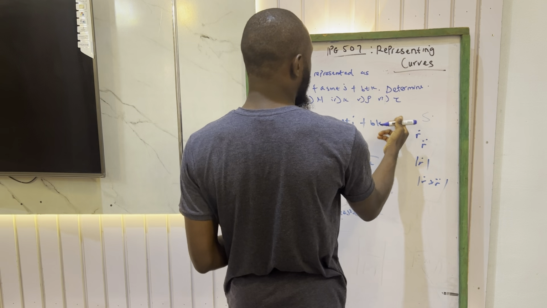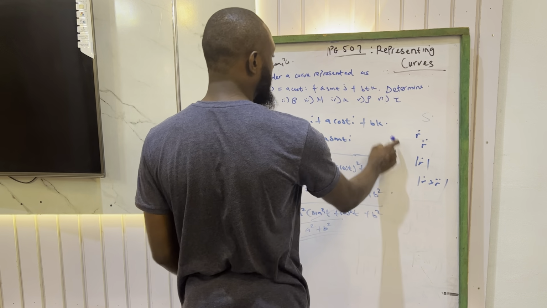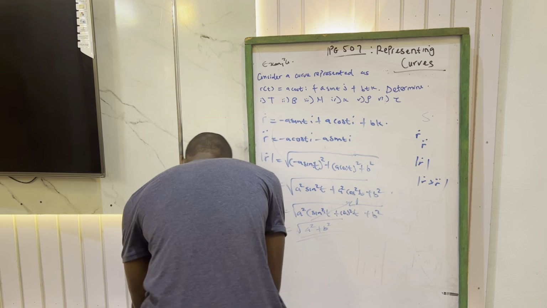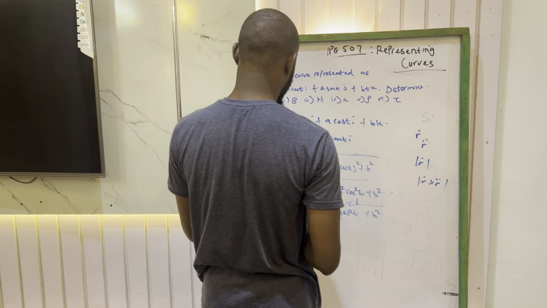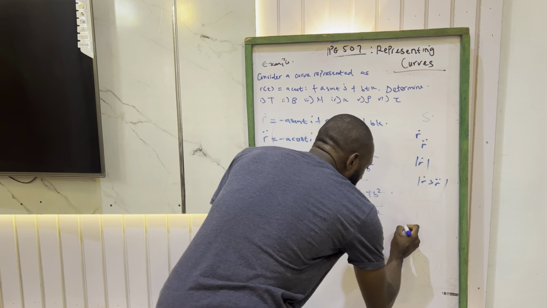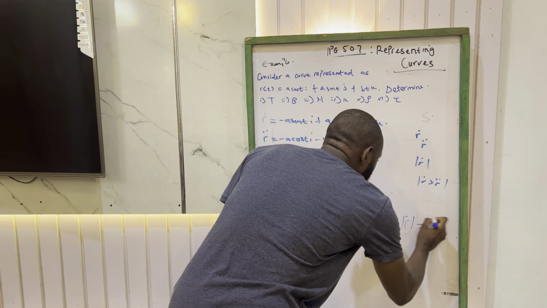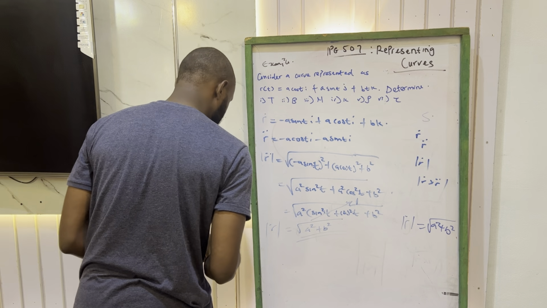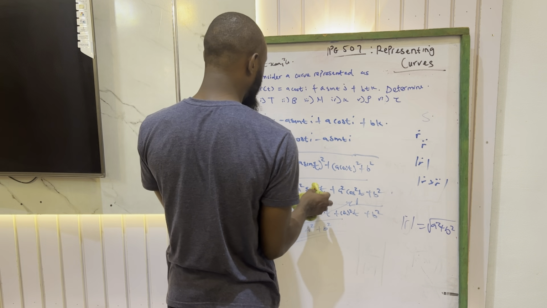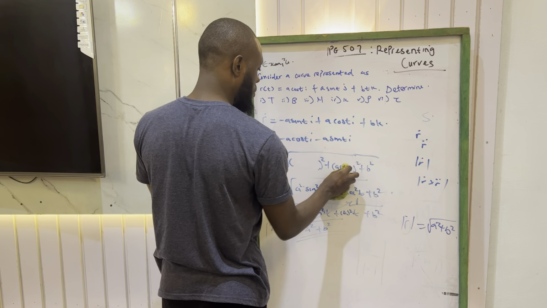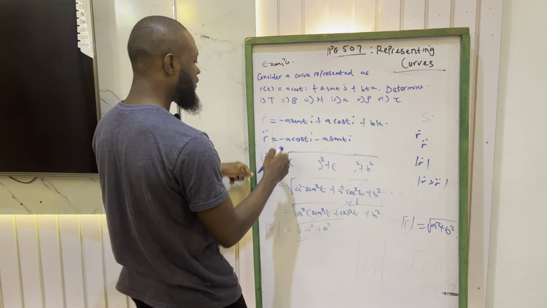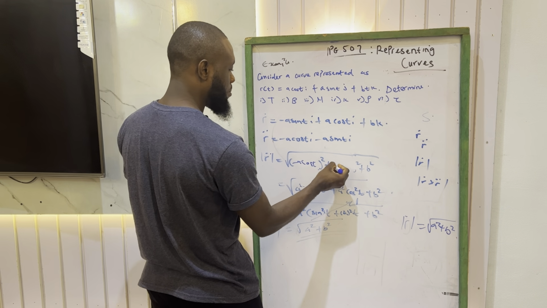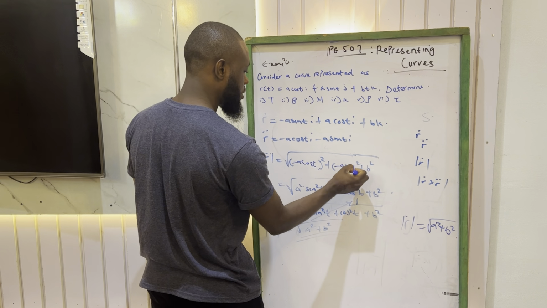Okay, so for now the magnitude of r dot is square root of a squared plus b squared. So let's evaluate the one for r dot dot. For r dot dot, we have minus a cos t minus a sin t.